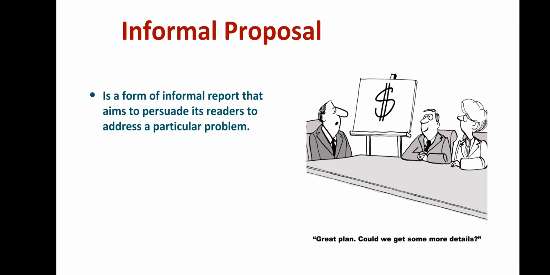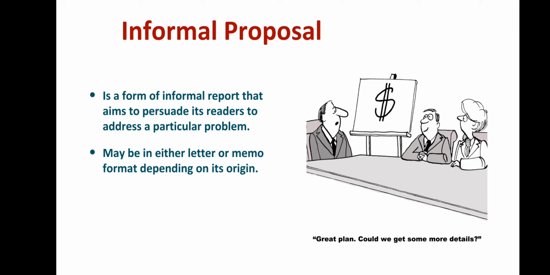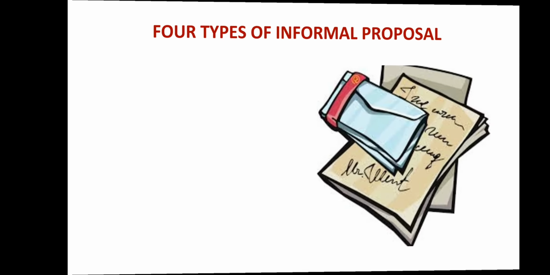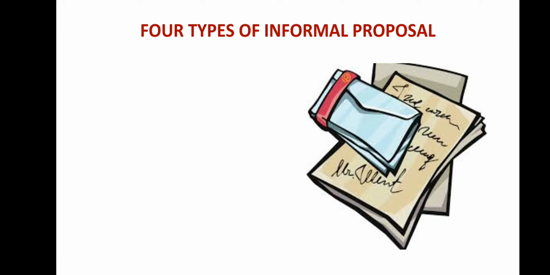This type of proposal is a way of persuasively putting forth an idea and asking for action to be taken on that idea. It may be in either letter or memo format depending on its origin. Generally, it does not exceed 5 pages.